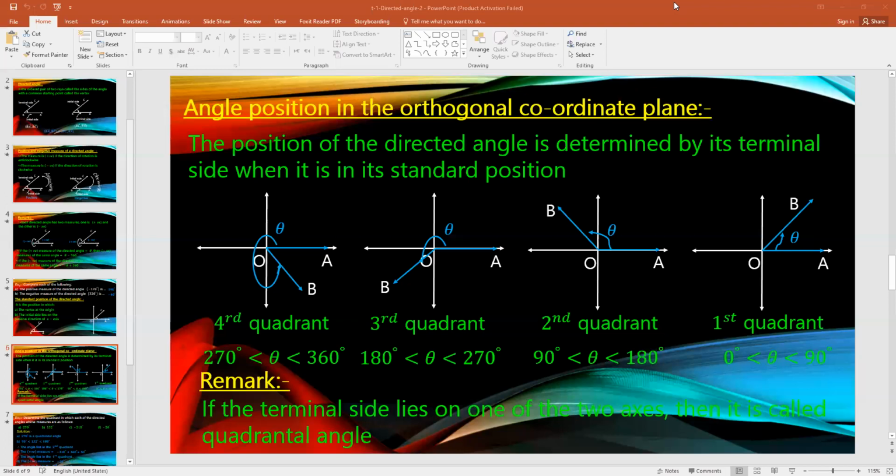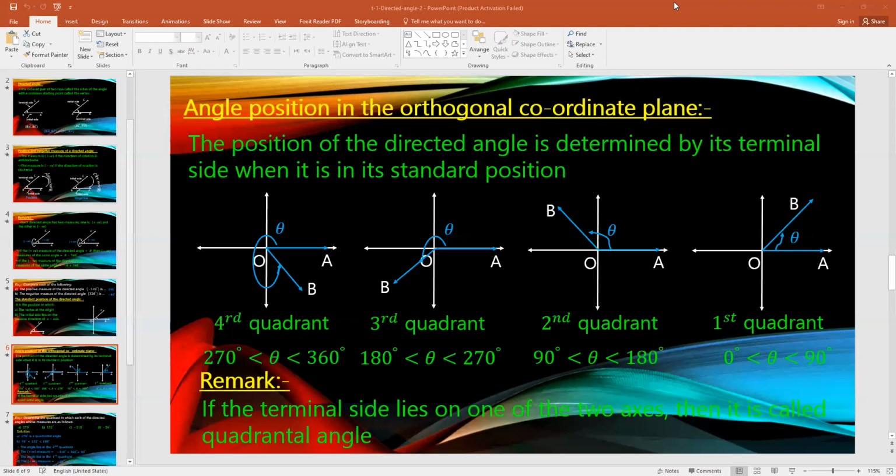I will write it as BA, BC. Here, what is the rotation of this angle? From initial to terminal, I will move anti-clockwise. Anti-clockwise means positive. Again, if the rotation of the angle is anti-clockwise, then the angle will be positive.